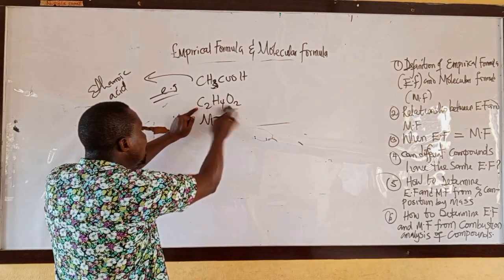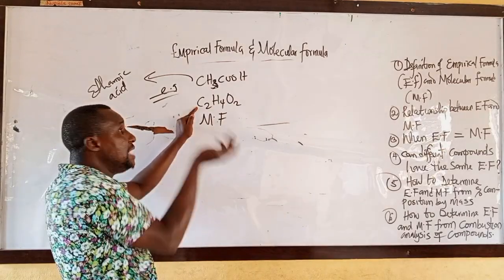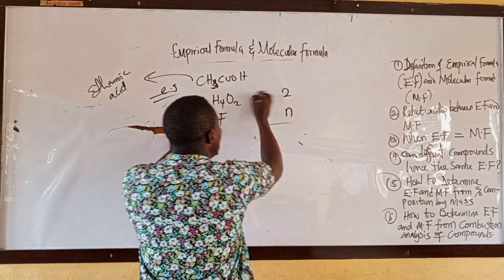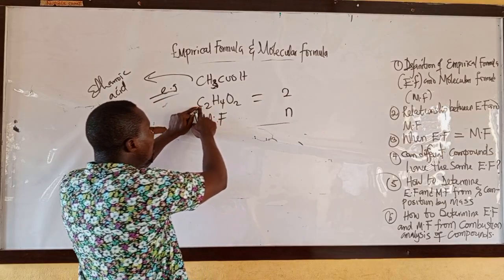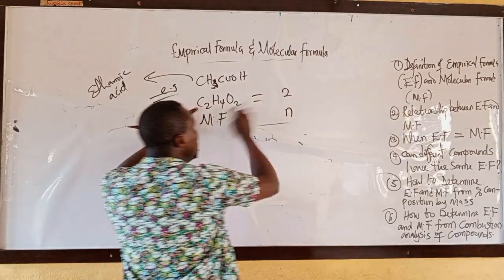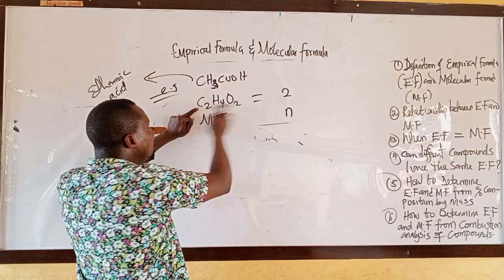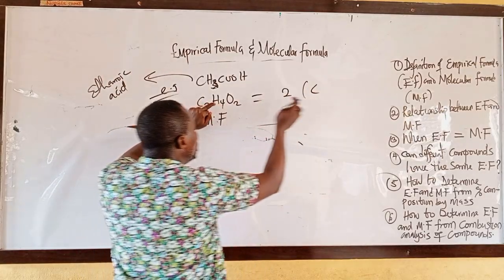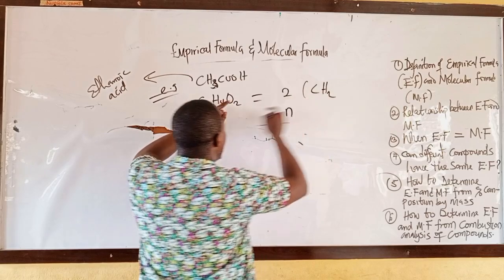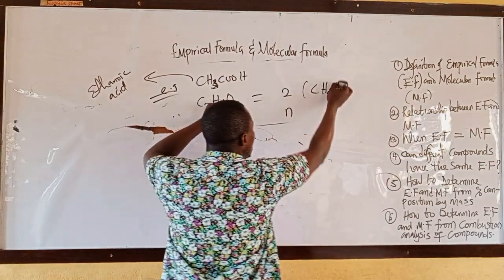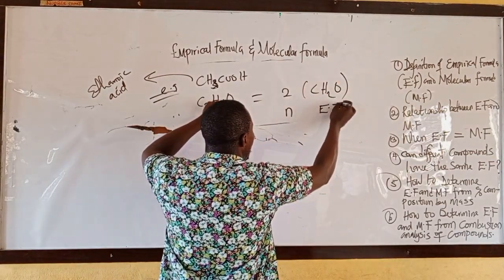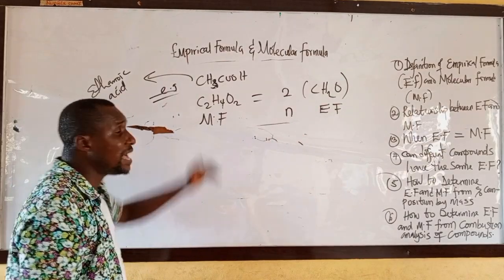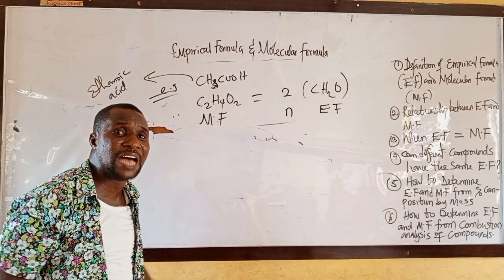What do they have in common? They have 2 in common, so n is 2. Then C2 divided by 2 gives C, H4 divided by 2 gives H2, and O2 divided by 2 gives O. This is the empirical formula of ethanoic acid, CH2O. This can have the same empirical formula as glucose.